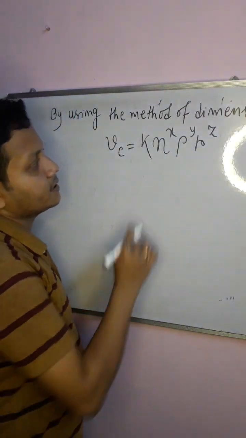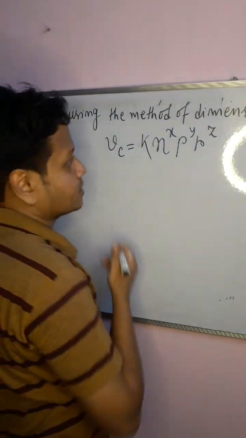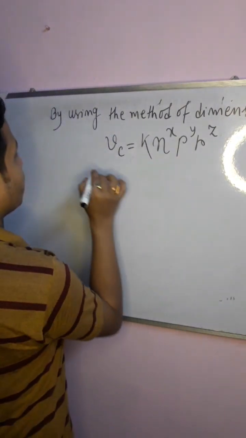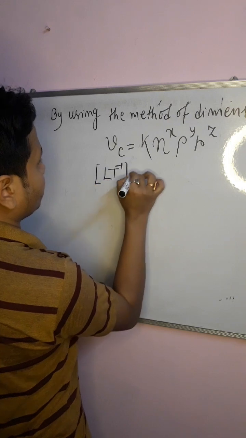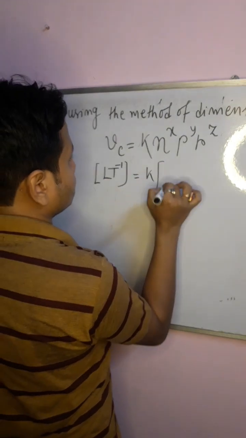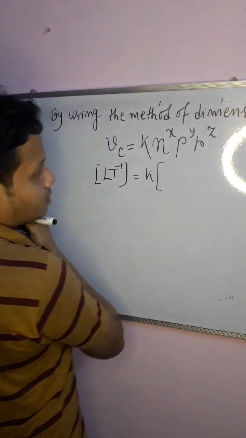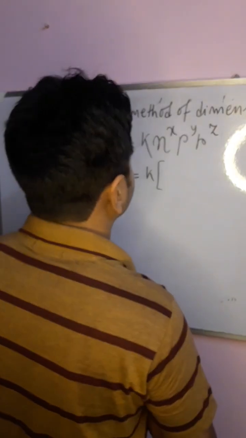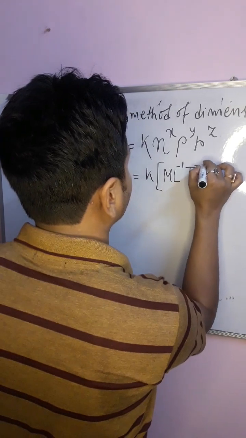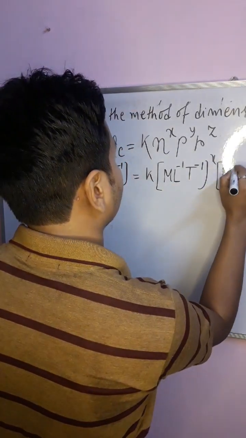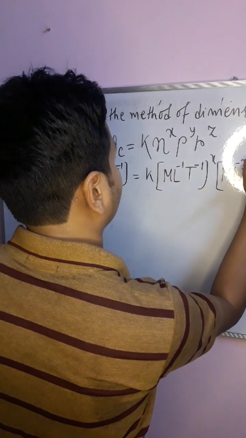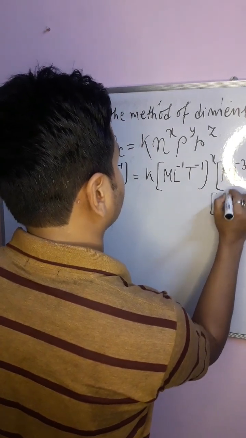Writing this in dimensional way, velocity is LT to the power minus 1, coefficient of viscosity is ML to the power minus 1 T to the power minus 1, rho is ML to the power minus 3, and r is L.